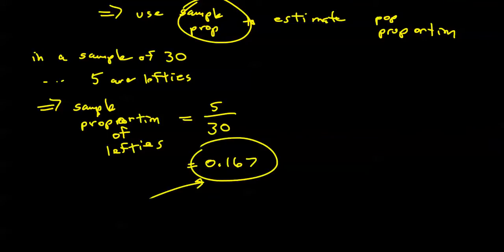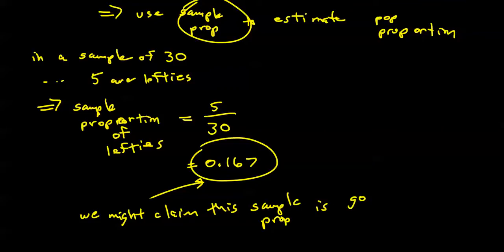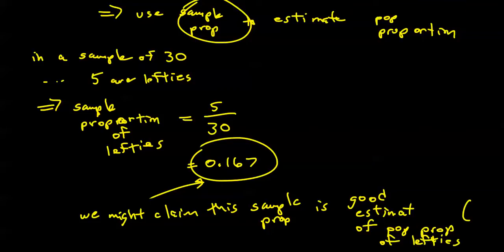So we might claim that this sample proportion is a good estimate of the population proportion of lefties, and history has shown that about 10% of the population, or a proportion of 0.1, is the widely accepted value for the population proportion of left-handers.